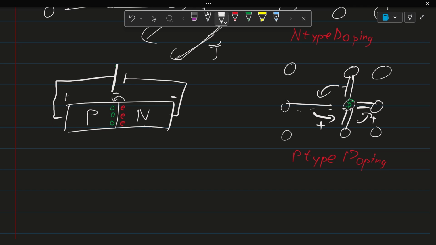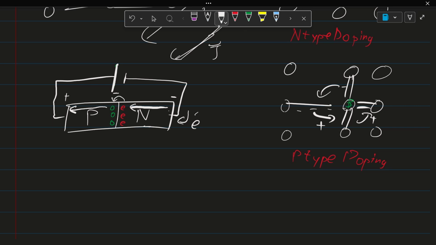But also, since the p-type semiconductor itself is also a conductor at this temperature, it means that the electrons could move around its electron to be at here as well. And there will later be also movement towards this boundary as well.